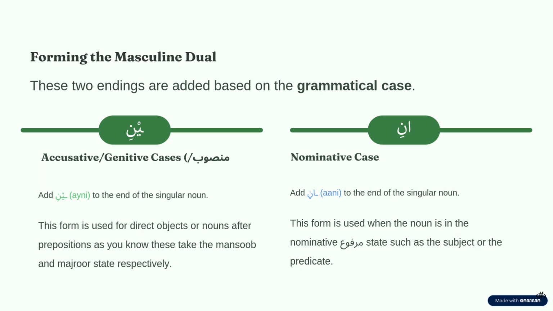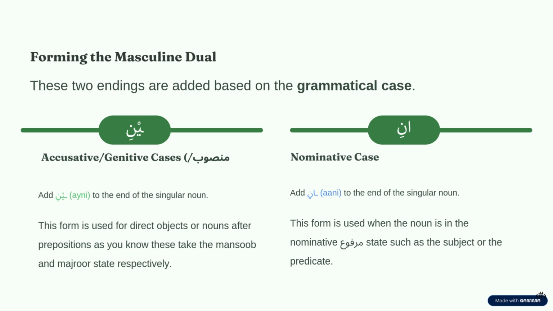So as you know, any noun you can think about will take one of three end cases: مرفوع, منصوب, or مجرور. Before that, we know about مرفوع that it goes with ضمة or ضمتين. If the word has ضمة or ضمتين, it's مرفوع.